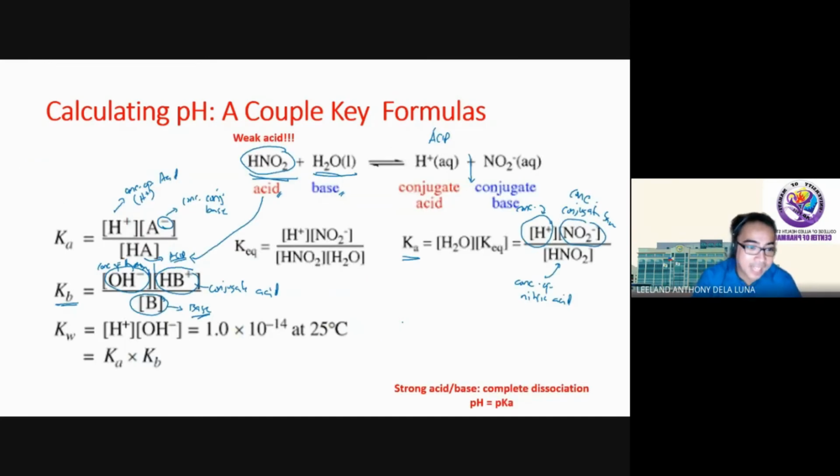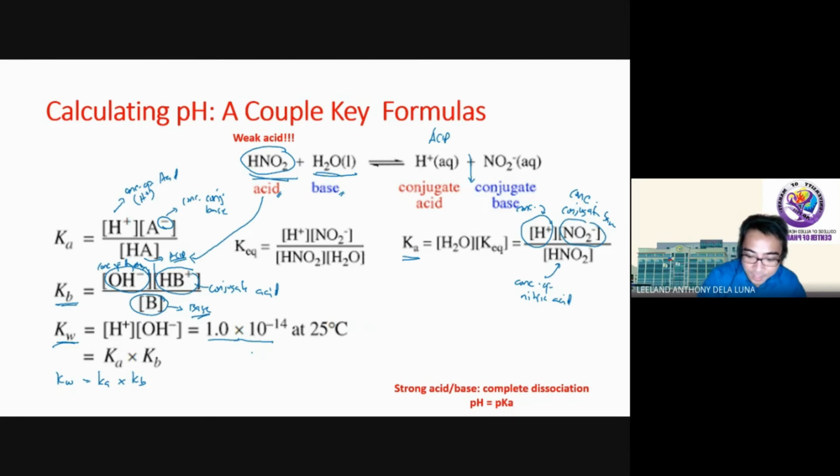Right? And another thing, class, before I forget nga pala, Kw. Kw madalas ginagamit for water, ha? Pero Kw is just simply equal to your Ka multiplied to your Kb. Okay? And usually, class, ang Kw is equivalent to 1 times 10 to the negative 14.